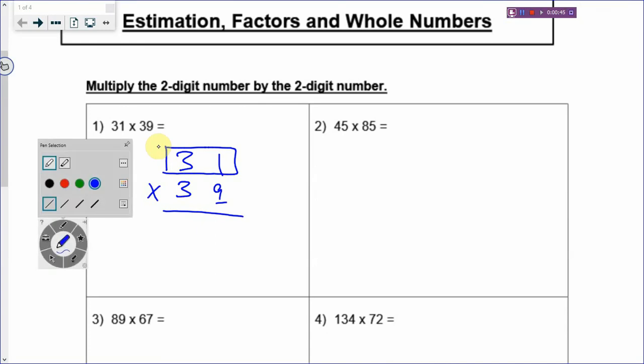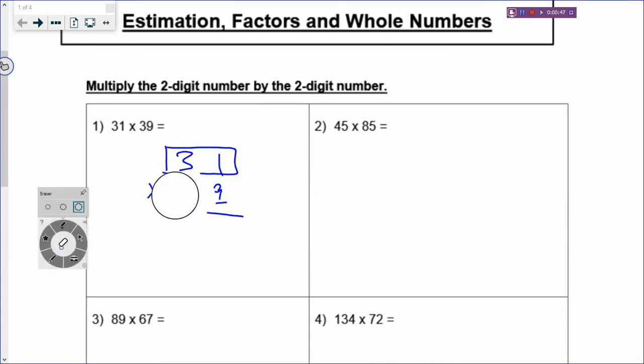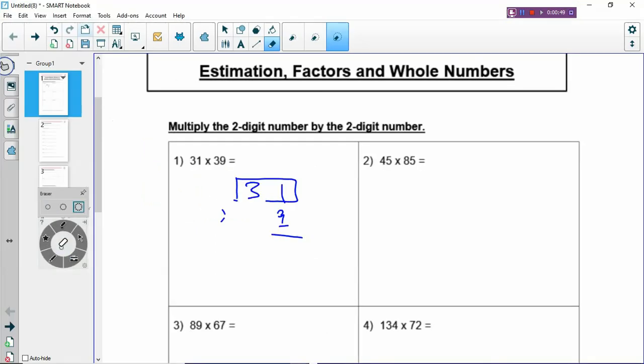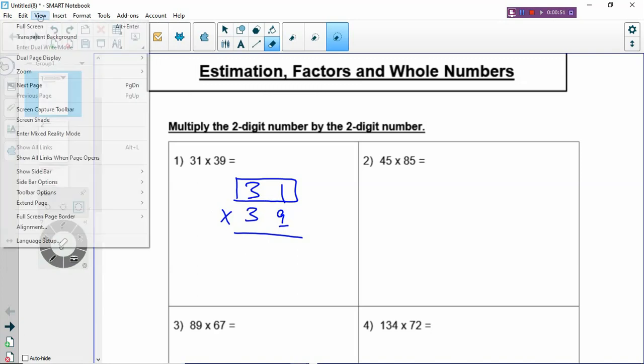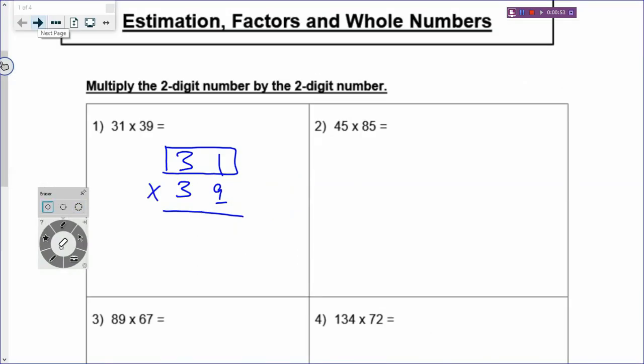Let's take out the 3 so that you don't get confused. To make it easier, you do step by step. So we don't look at the 3, you look at the 9. Right, 31 times 9, and then you work out your answer.